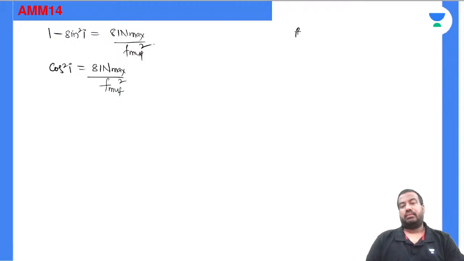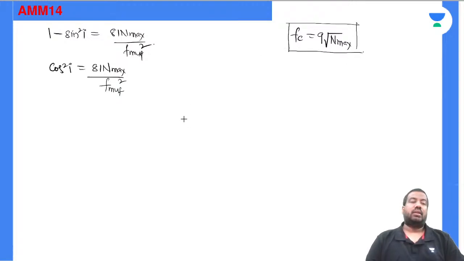But we know the derivation for Fc: Fc is 9 root n max, so Fc square is 81 n max.